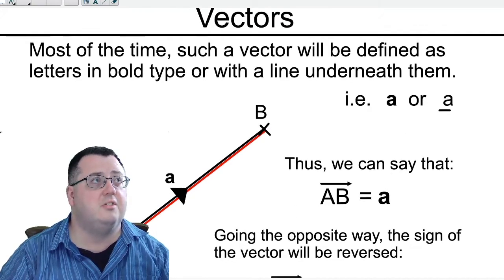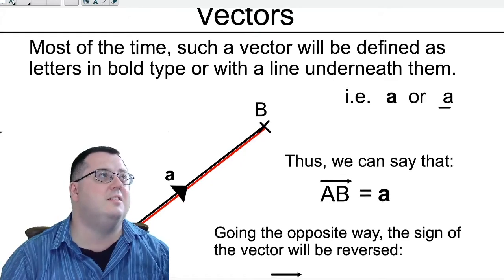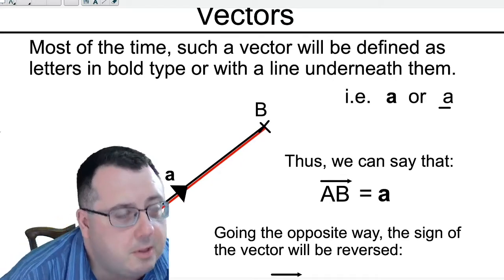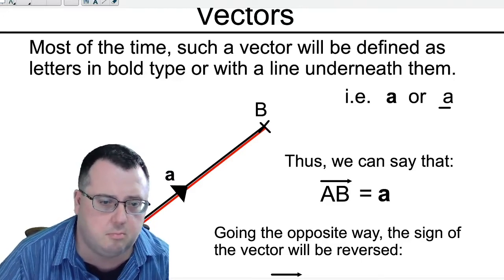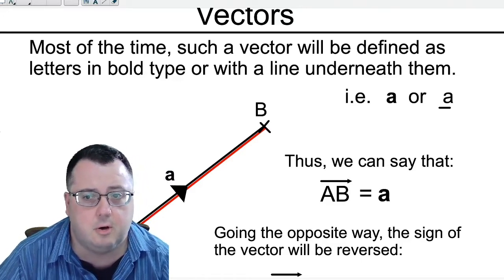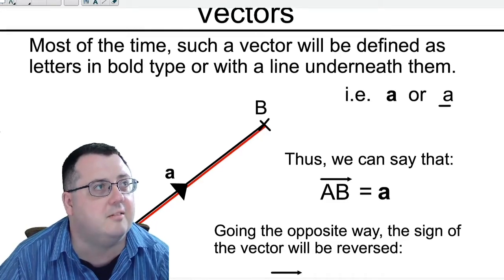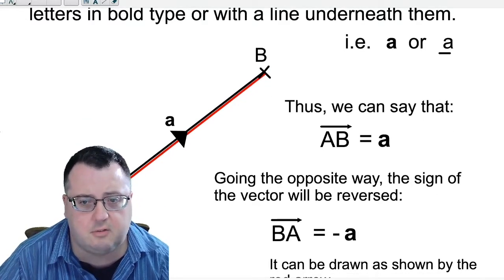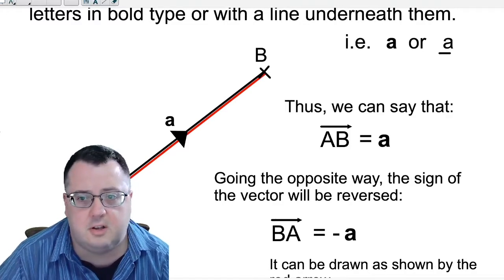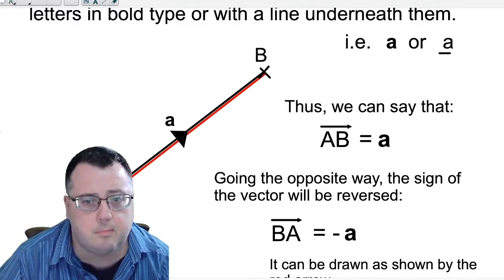Most of the time, such a vector will be defined in letters in bold type, or with a line underneath them. So you will see a bold a between A and B, or an a with an underlining. Thus we can say that AB, going from A to B, is equal to a bold a.